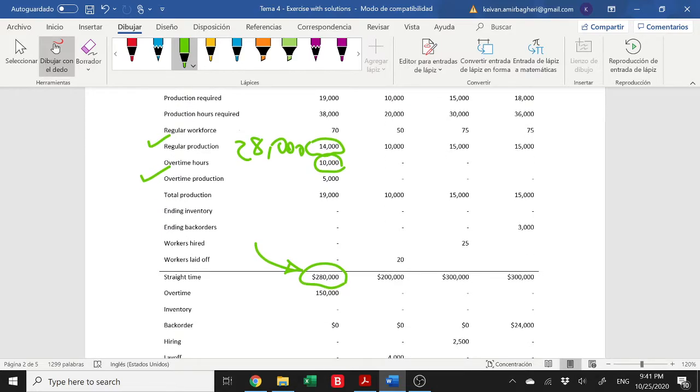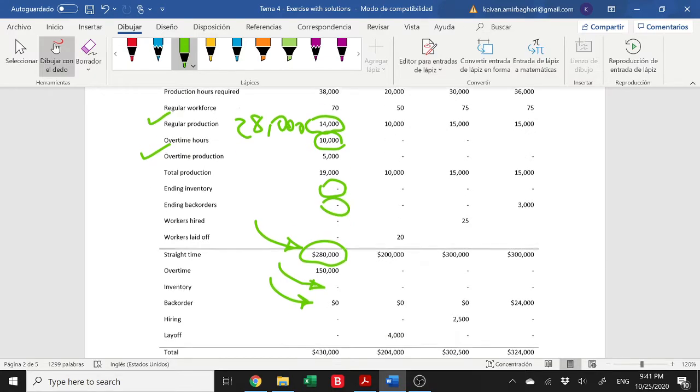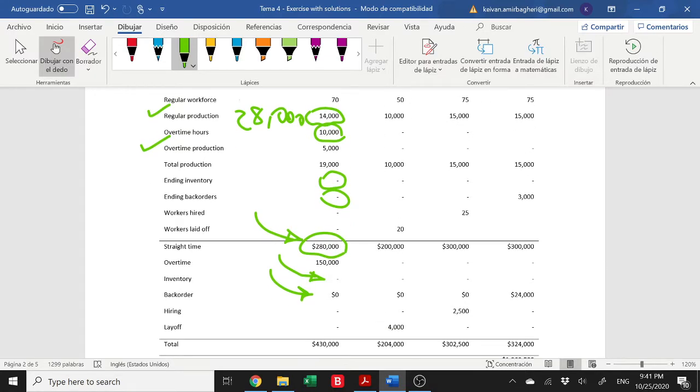Besides, do we have any ending inventory to move to the other season? No. So for this reason, we don't pay any inventory cost. Do we have any back order? No. Did we hire or fire some workers?